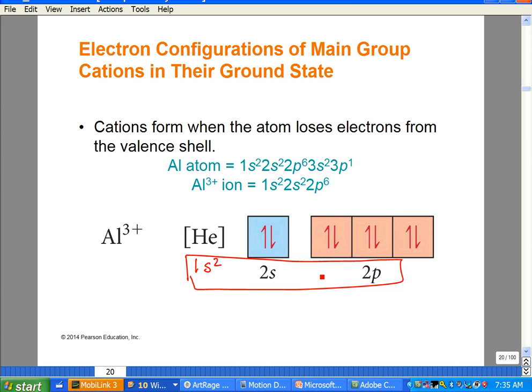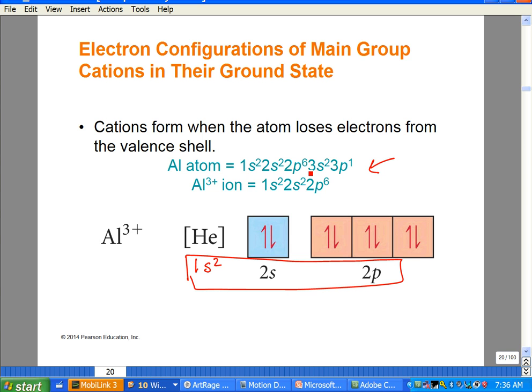So the valence shell for aluminum is... I'm sorry, the valence shell for aluminum is 3.